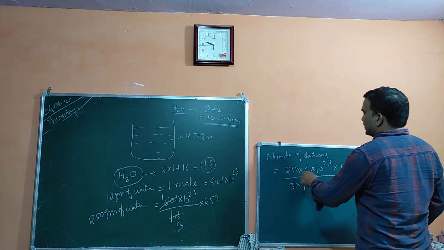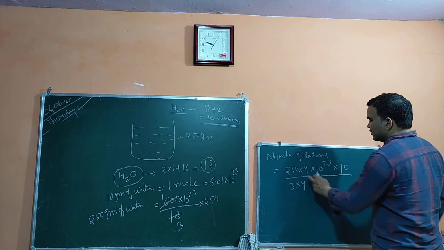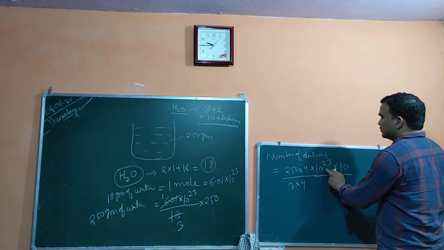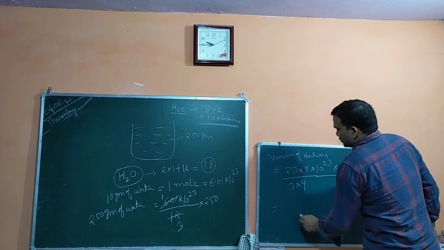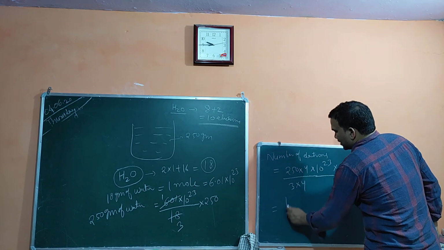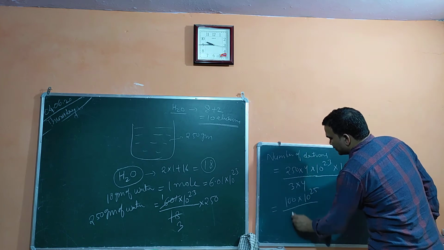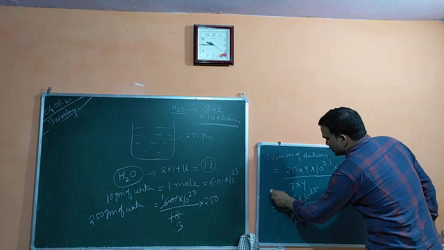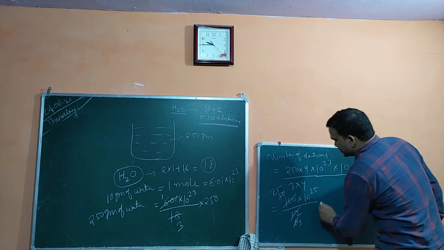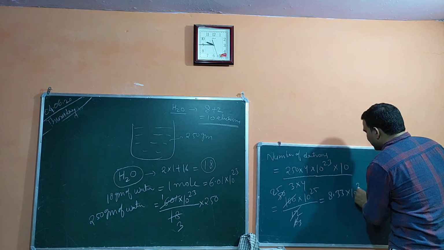If we multiply 4 with 250, it comes out to be 1000. So 1000, 10 to the power 3, 10 to the power 6, 10 to the power 26 and 10 to the power 27. So 100 into 10 to the power 25 divided by 12, which is 8.33 into 10 to the power 25.